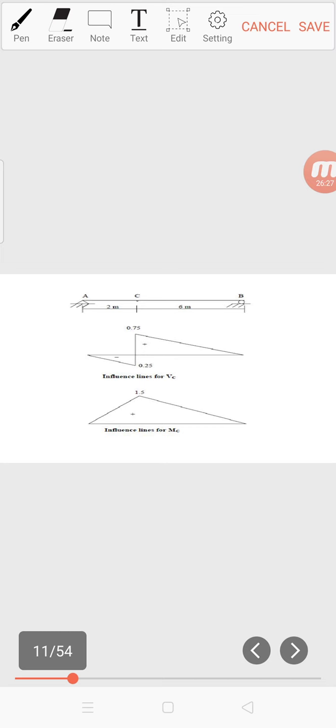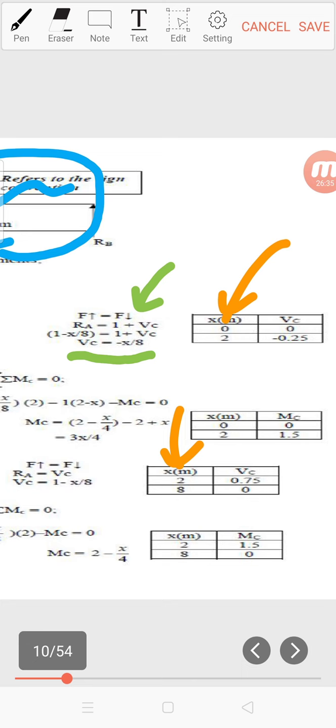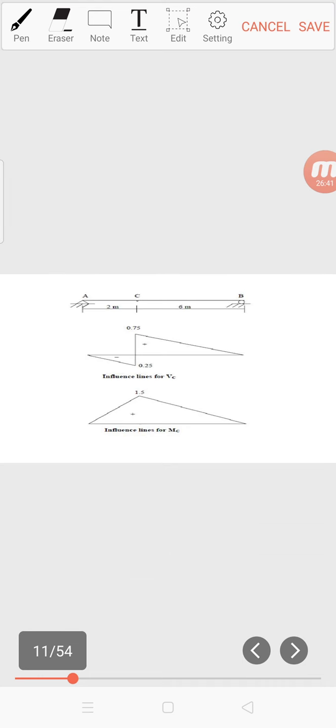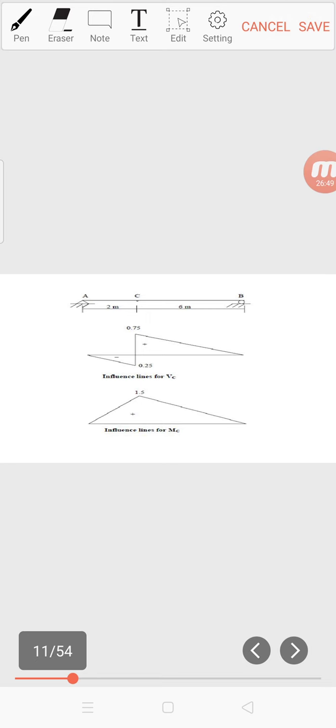And then for VC at 2 meters, we look at the second table now. VC is 0.75 positive. That's why it goes up to 0.75, and it will then go down to 0.